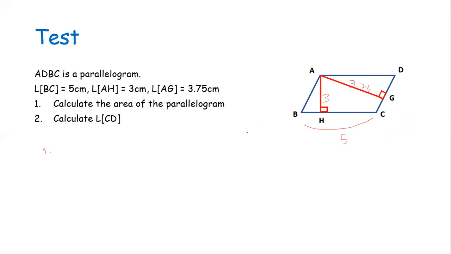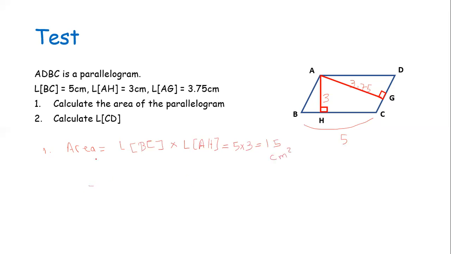As we have just learned, the area of the parallelogram is equal to the length of the base multiplied by the height. Here, the base is BC, let's say. So we need to take the length of BC multiplied by the height, which is here the length of AH. And this is equal to 5 multiplied by 3 equals 15 square centimeters.